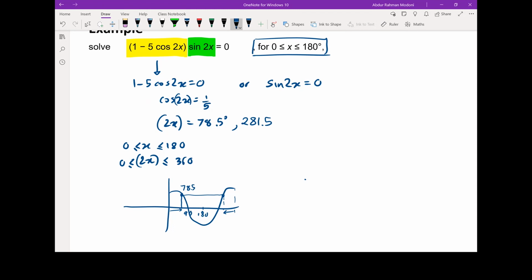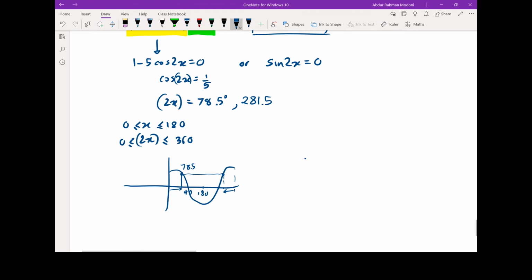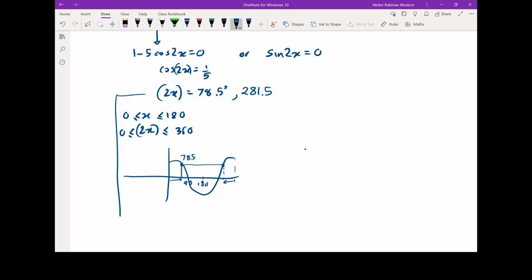So 2x is equal to 78.5 and 281.5. We can now find out what x is by dividing each of those solutions by 2. We leave the angle intact till the very end, after we found all the angles within this new adjusted interval. So x is equal to 78.5 divided by 2, which gives us 39.25.